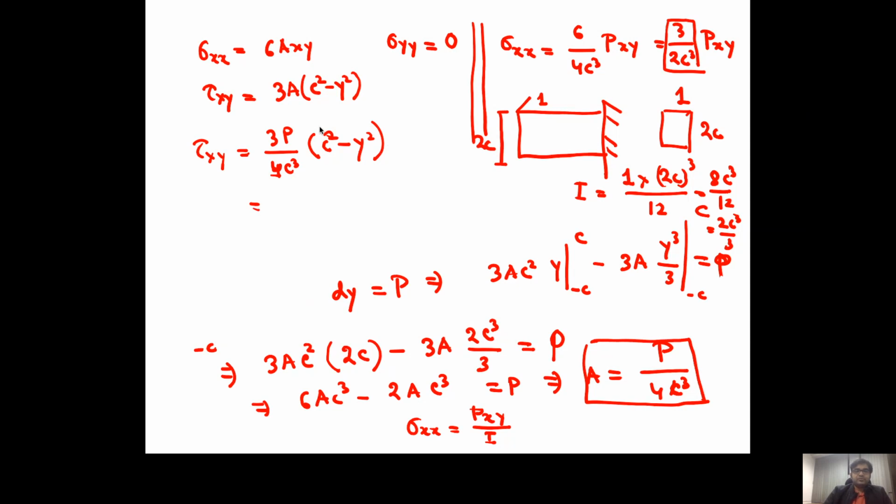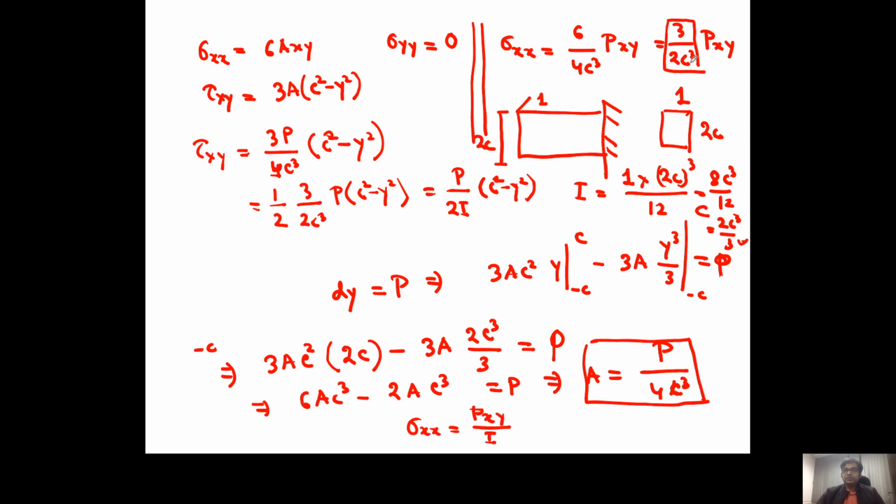This P can go inside, so we write it as half times 3 by 2c cube, which becomes 1 by I, then P (c square minus y square). So this is equal to P by 2I (c square minus y square).